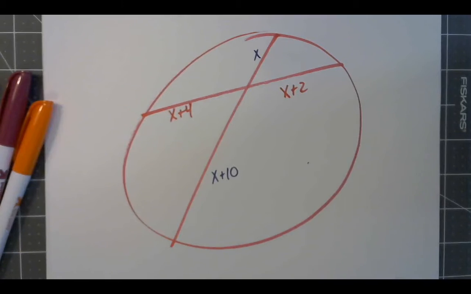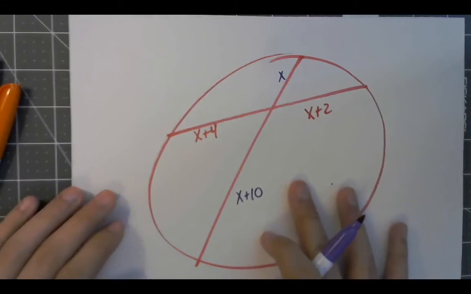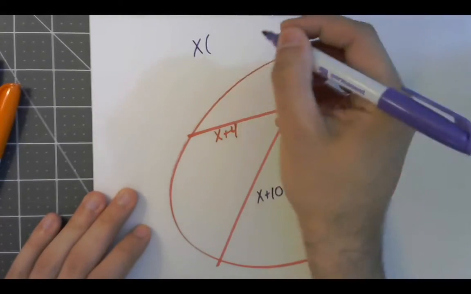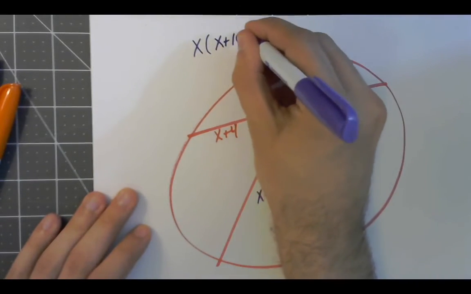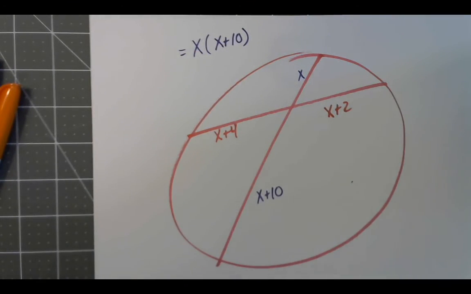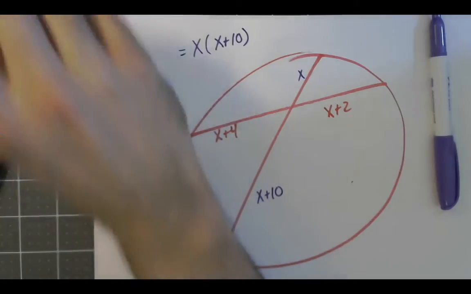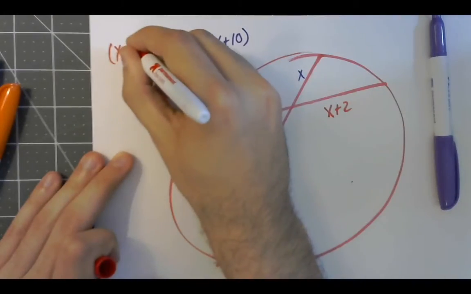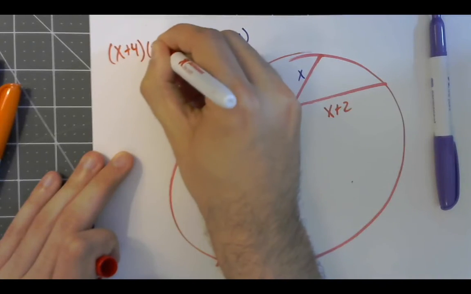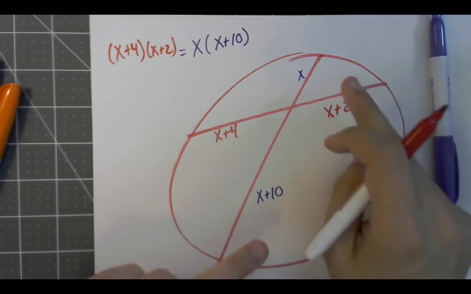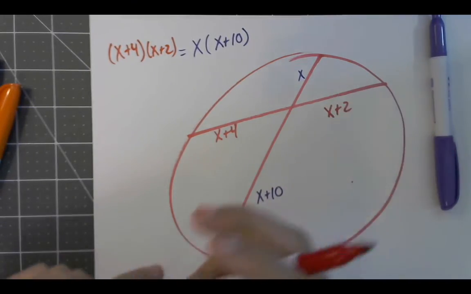Make sure you're doing these on your own as well, so you can get some practice with them and make sure you are feeling good about them. So we have on one side x times x plus 10, and on the other side we have x plus 4 and then x plus 2. That's these pieces times each other and these pieces times each other.